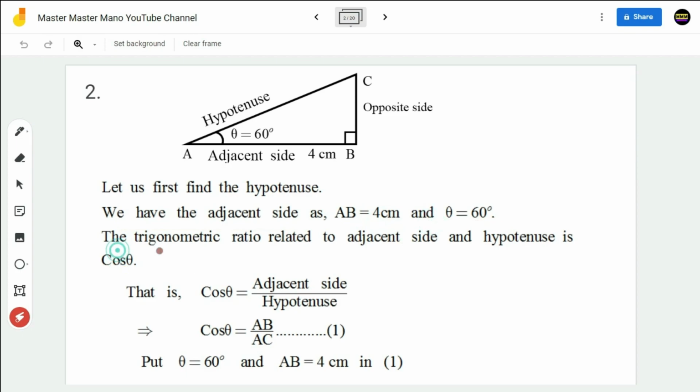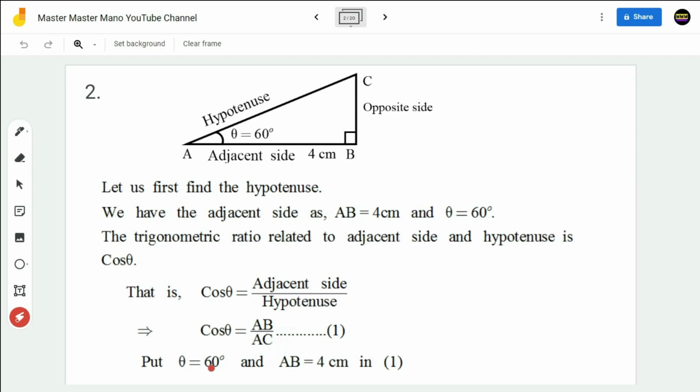The trigonometric ratio related to adjacent side and hypotenuse is cos theta. That is, cos theta equal to adjacent side by hypotenuse. Cos theta equal to adjacent side AB by hypotenuse AC, which is not given. Cos theta equal to AB by AC, this is given as equation 1.